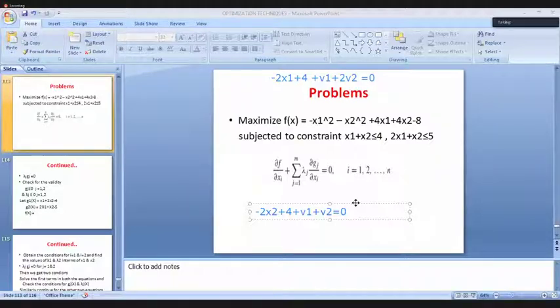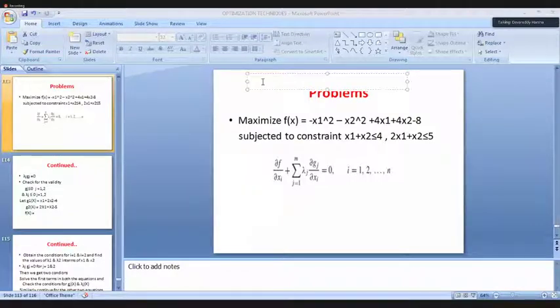Can anyone solve and tell me lambda 2? You won't get 0, I guess. No, sir, not 0. You'll get it in terms of x1 and x2. Please try. I'm writing here. Lambda 1 equal to v1. No, sir, it is v2.